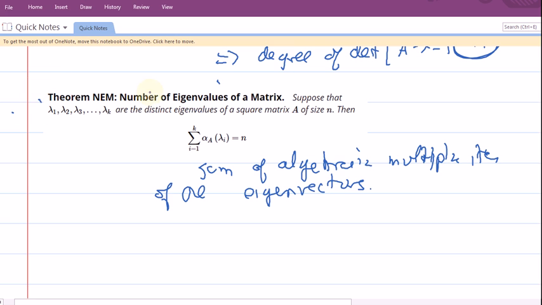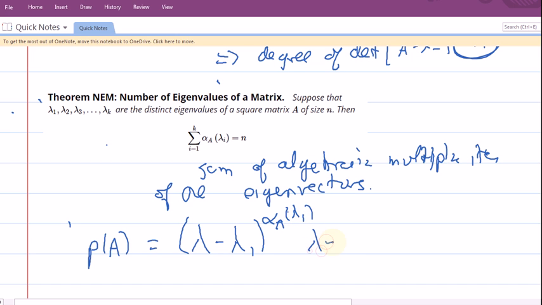P of A is equal to lambda minus lambda 1 to the power alpha A of lambda 1, times lambda minus lambda 2 to the power alpha A of lambda 2, all the way down to lambda minus lambda k, because I don't know how many eigenvalues it has, to the power alpha A of lambda k.